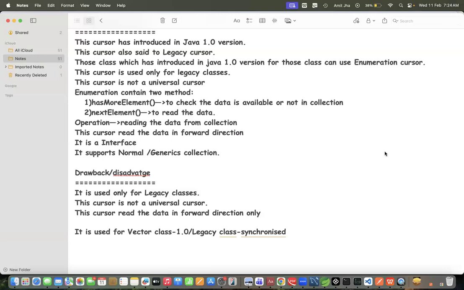I've told you in multithreading: if you would like to perform multiple tasks at the same time, then you will create multiple threads, to perform tasks like an audio task, video task, pause task, time-taking task. That is non-synchronized.